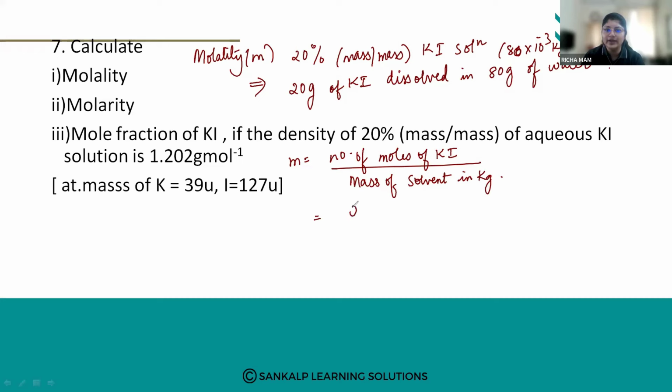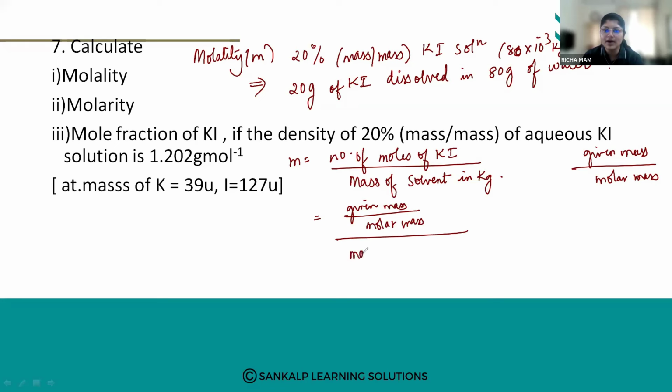It can be calculated as given mass upon molar mass, right? So number of moles can be calculated as given mass upon molar mass of KI, divided by the mass of solvent in kg.